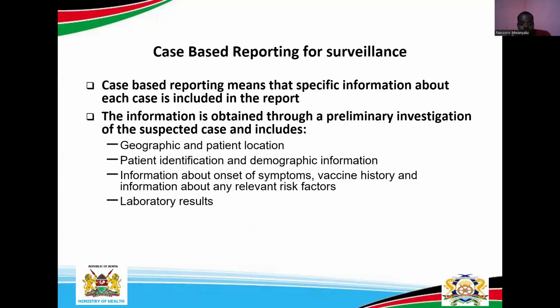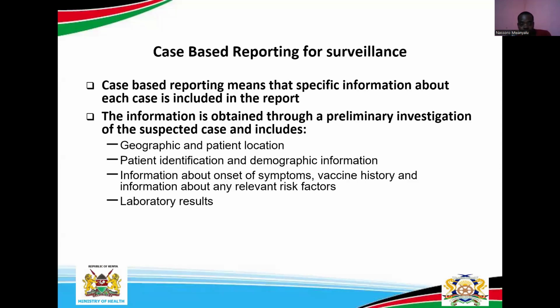When we talk of geographic, we ask where this case is coming from, like the village, county, etc. Then the patient identification and demographic information, like the gender and how you can identify the patient, like the number, etc. Then the information about onset of symptoms, vaccination history, and information about any relevant risk factors should also be collected. Then in case you have done lab analysis, we should also collect that and file it during the reporting to the next level.